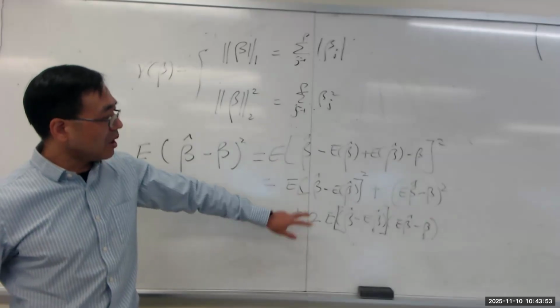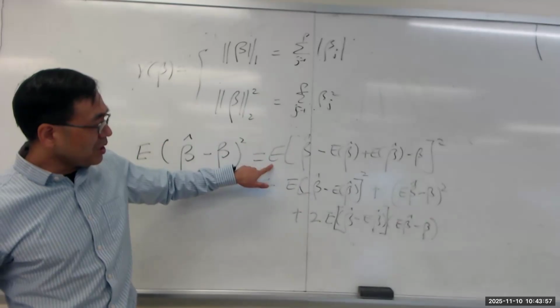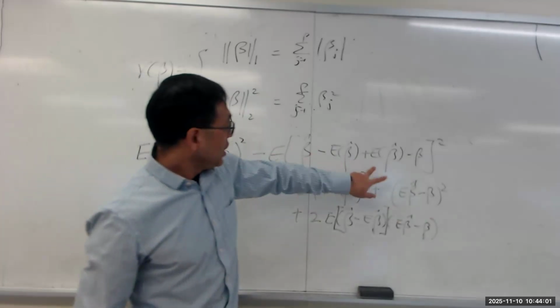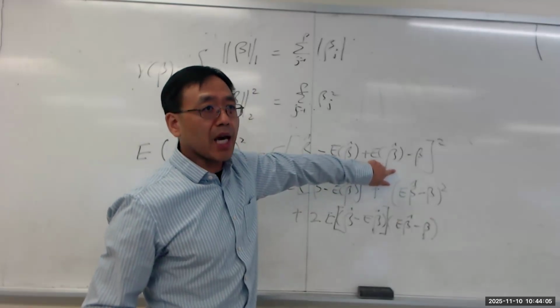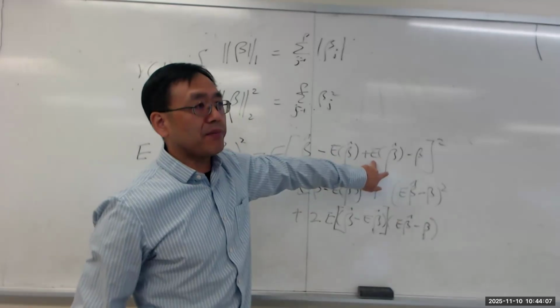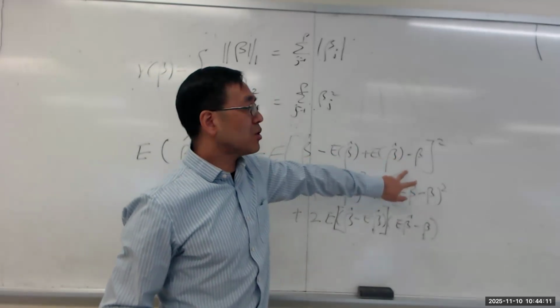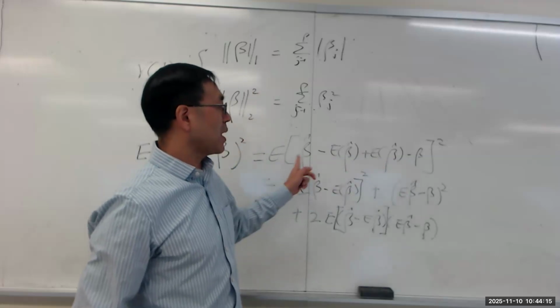Now there are a few things here. The expectation is over beta hat. Inside, the expectation of beta hat is a fixed number, and beta is the true value, also a fixed number. These two you can view as fixed with respect to beta hat.